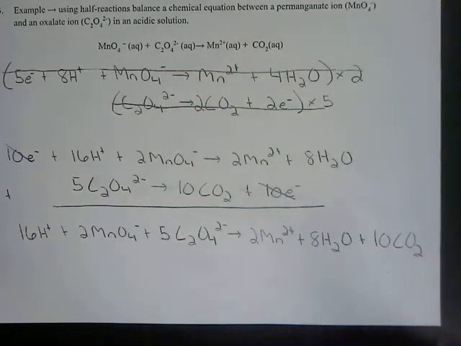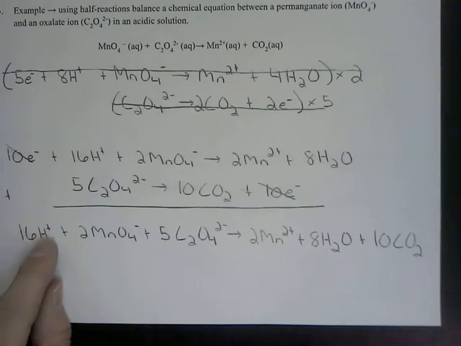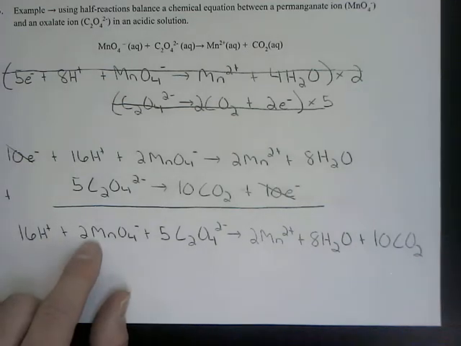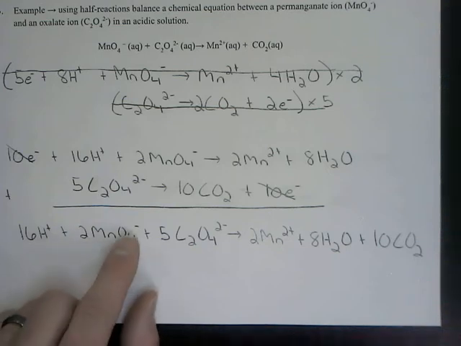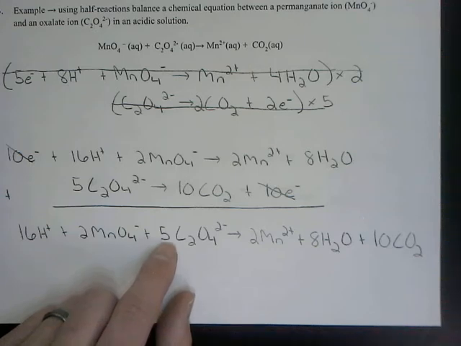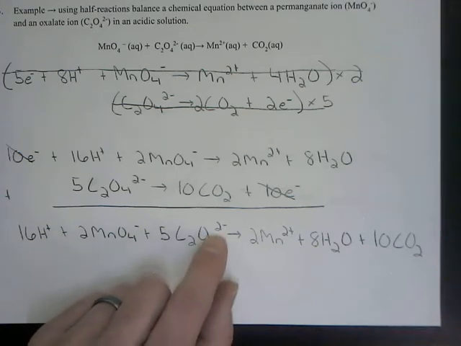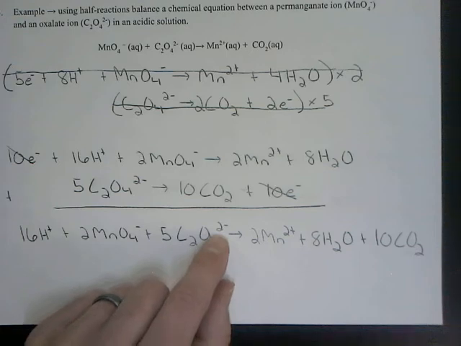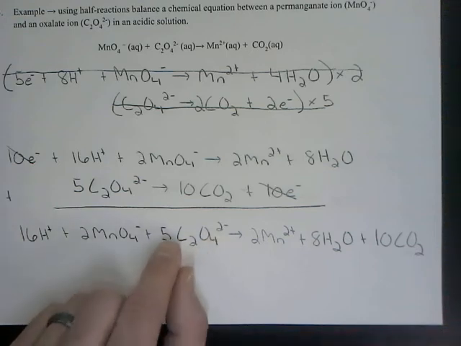And now, another double check here is that your charges should balance out as well. So we have a charge of 16 times a positive 1, so positive 16, plus 2 times a negative 1, so we're down to positive 14, plus a negative 5 times 2, and that would get us a positive 4.